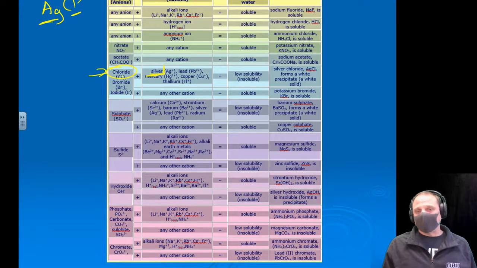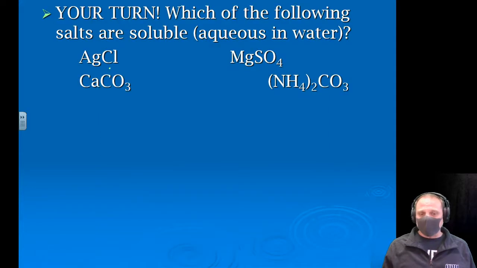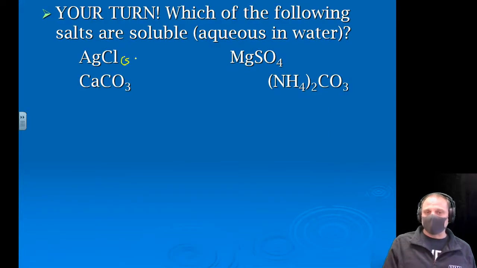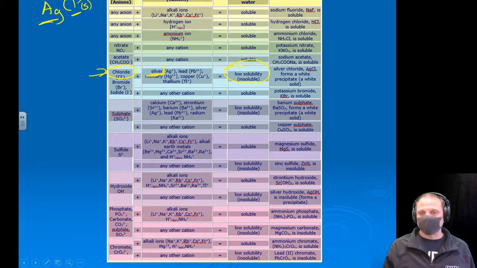Now, since I have silver with chlorine and I found the two combinations, now I can look at the next column. The next column says that it's insoluble, right? So I would signify this by putting an S there, that the silver chloride is insoluble. It's going to be a solid when it comes out of solution, or when it's created in the solution, it's going to be a solid precipitate that forms.